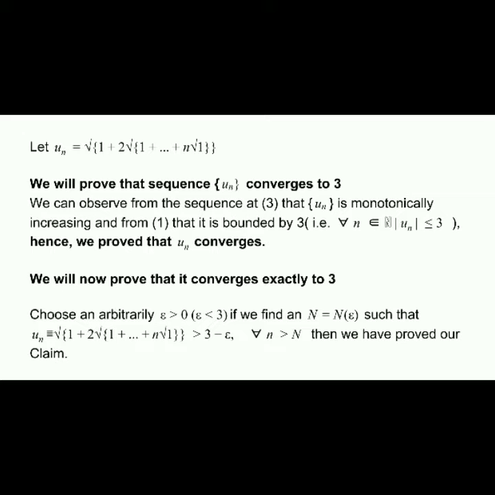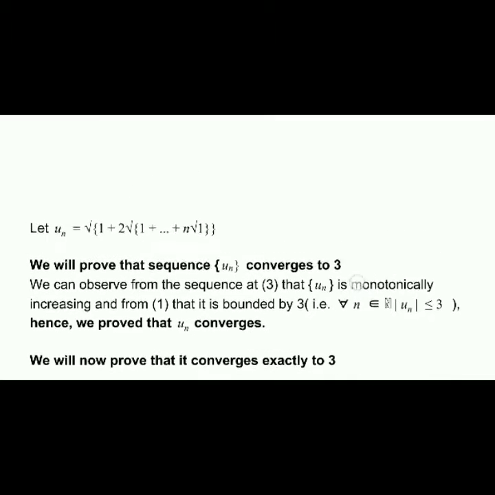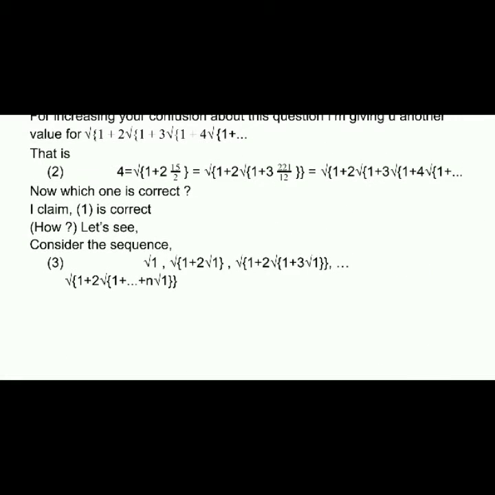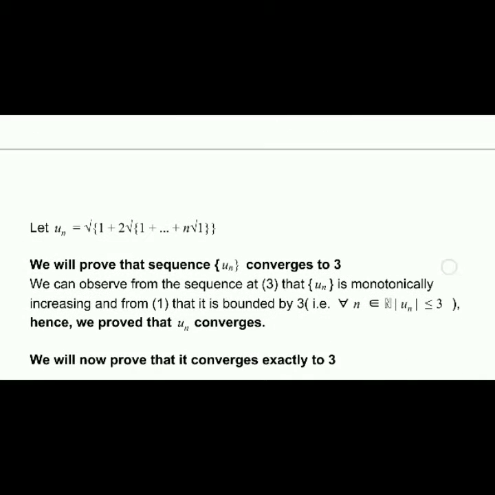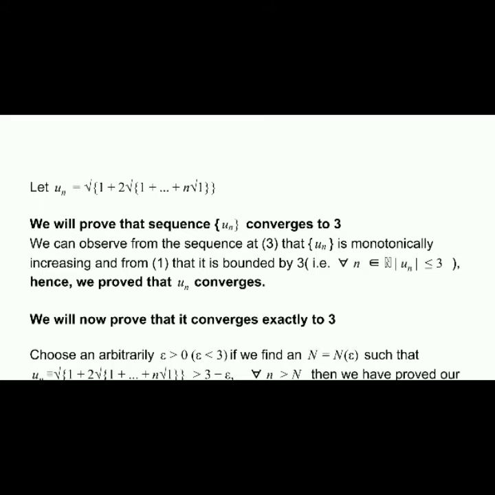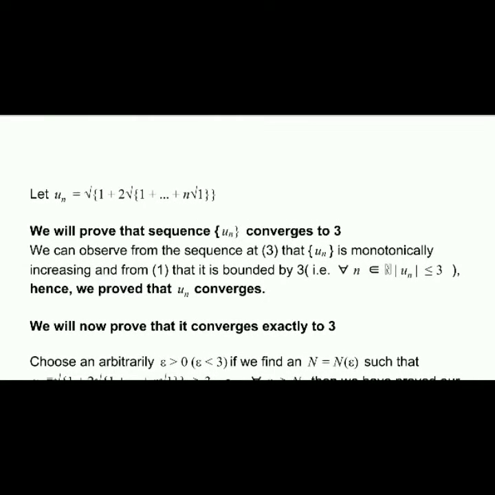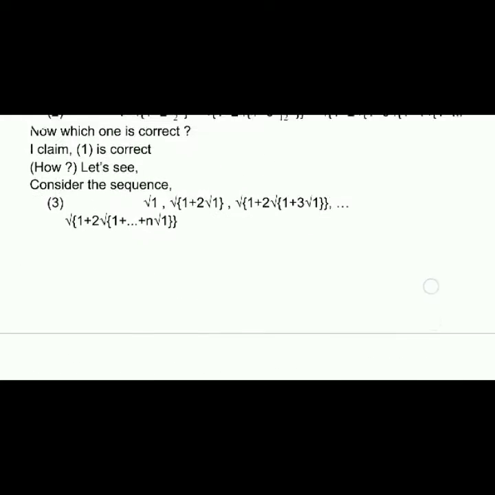We can observe that this sequence in equation 3 is monotonically increasing. We can justify that. It is very easy. Firstly it is 1 and then 1 plus 2 root 1, and that must be greater than 1.